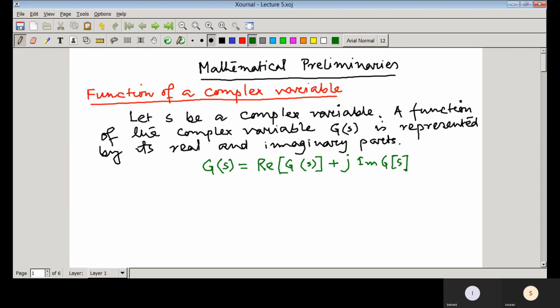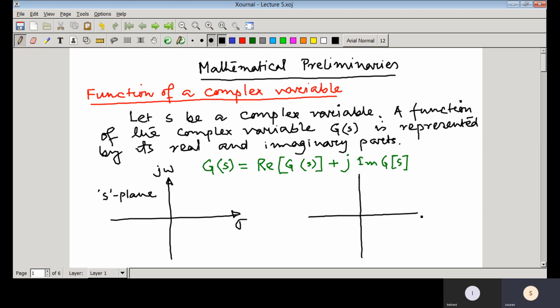Now, if we talk about the mapping through that complex function, how does it look? Suppose this is your complex plane, sigma j omega. That is the S plane. And we have another plane, with the real part of G(s) and here the imaginary part of G(s).